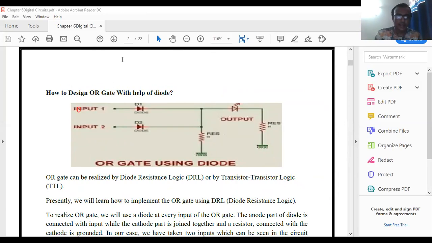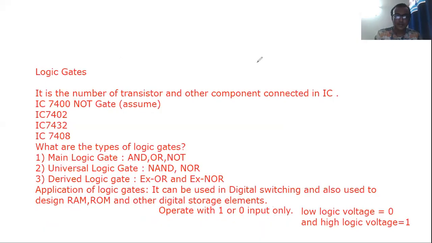I have explained with the first figure with the help of the whiteboard, so you will be able to understand. Now see this. I have sketched a diode here, and also another diode here.